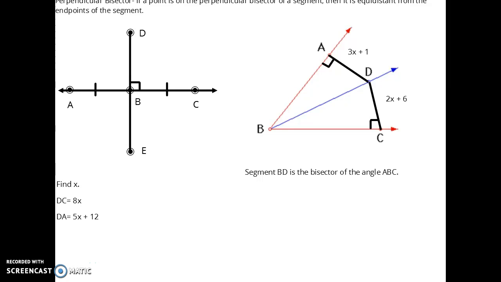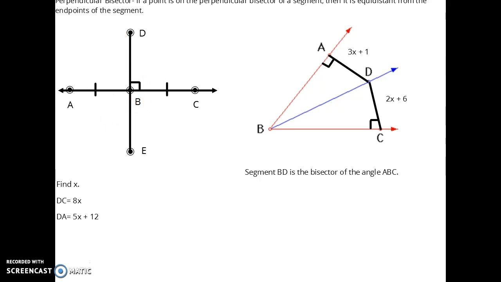For example, segment DE bisects segment AC in half. AB and BC are both equal. It also forms 4 right angles around the central point of B, because that makes this a perpendicular bisector.